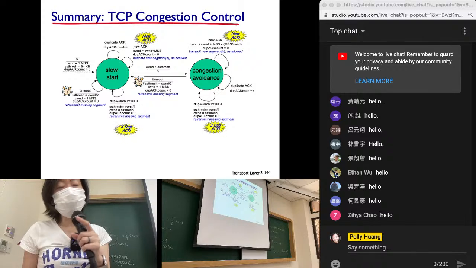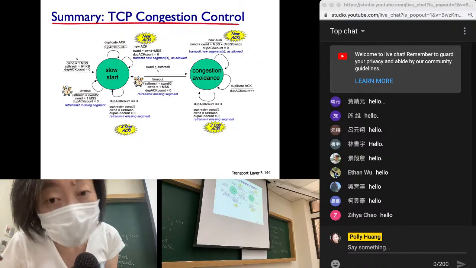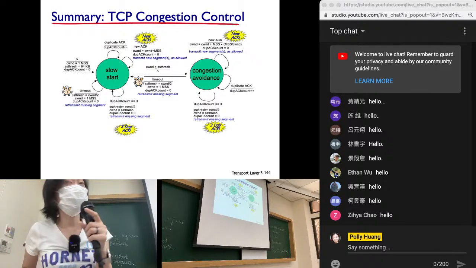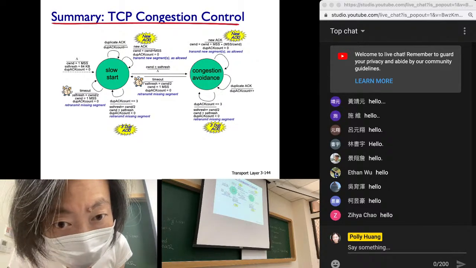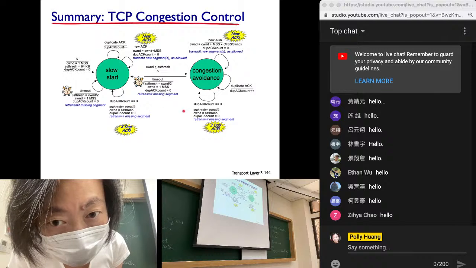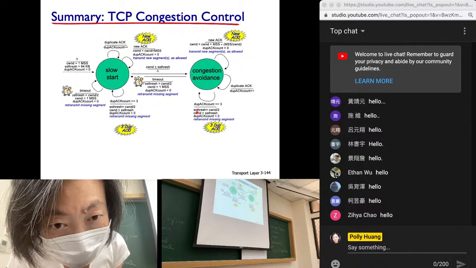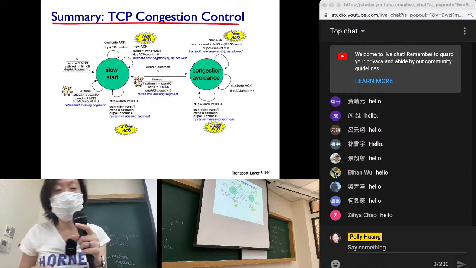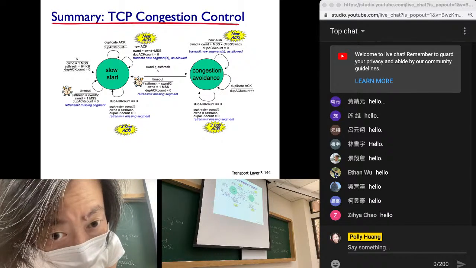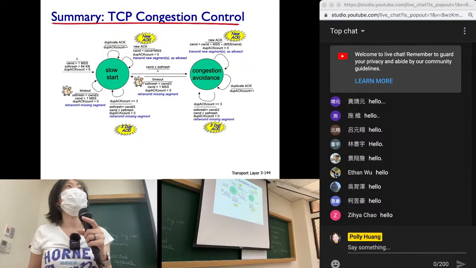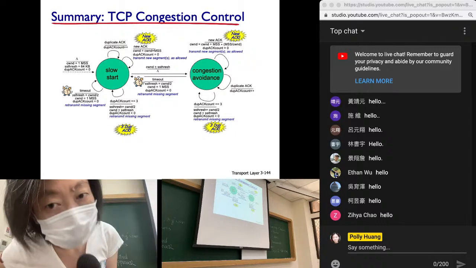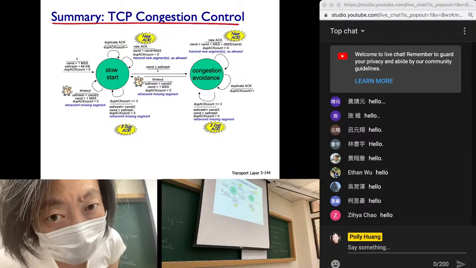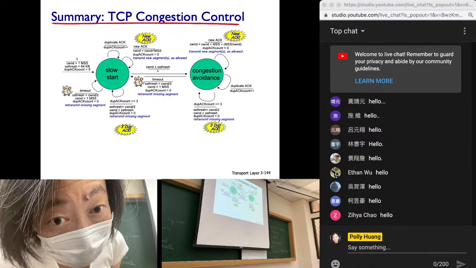Speaking of duplicate ACK, in both states, we also have the transitions triggered by receiving 3 duplicate ACKs, don't we? And the operations are actually identical in either. So threshold is half of the congestion window size. Congestion window size is exactly the threshold. And then we reset the duplicate ACK counter. In the meantime, retransmitting the missing segments just like in the timeout transitions.